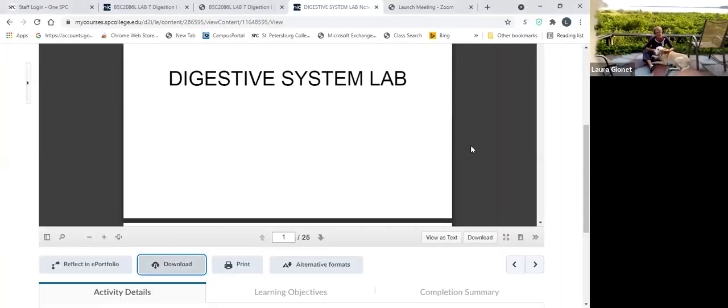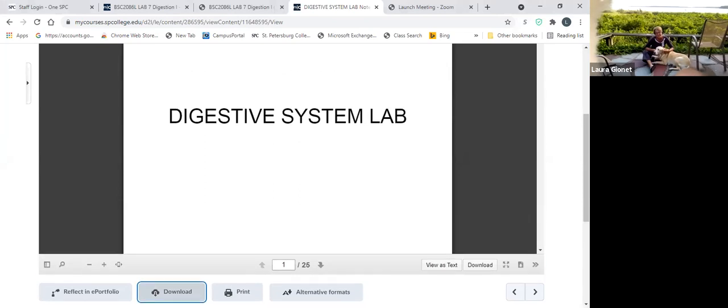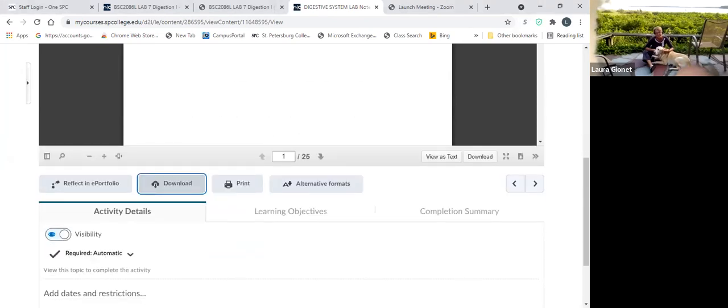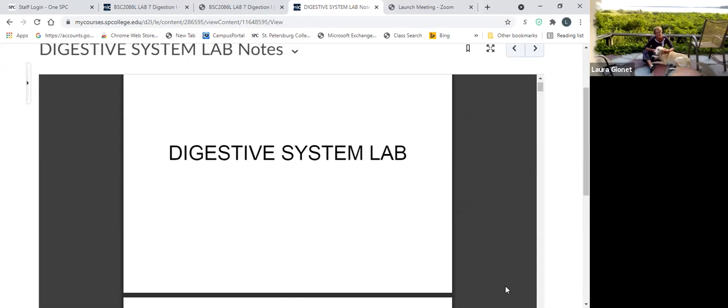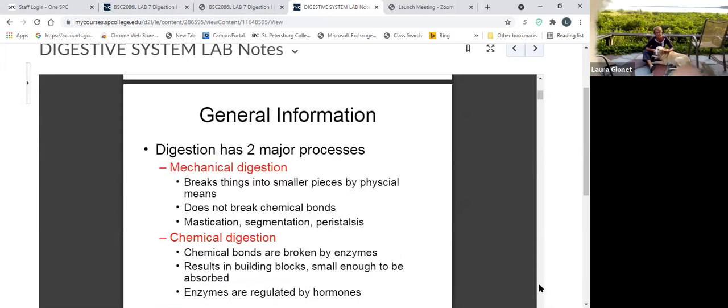Okay. So the digestive lab. Here we talk about the general information. Digestion has two major processes, mechanical digestion and chemical digestion. Mechanical digestion is how we break things down physically, like chewing, or methods of transporting and moving material through the large intestine, the small intestine, or in the stomach, like gastric churning.